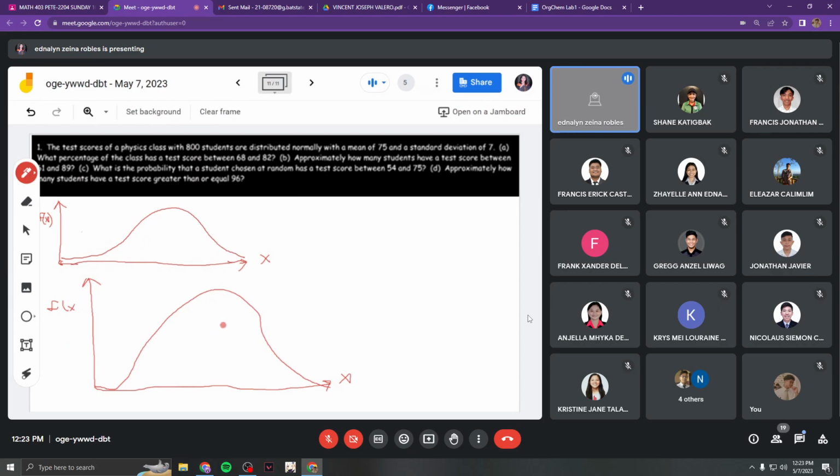At yung graph na to, we do have the mean. Ito yung mean natin. And one step from the mean is the first standard deviation. So we have our first standard deviation. And on the left side of the mean, we do have our negative first standard deviation, so negative 1 SD.